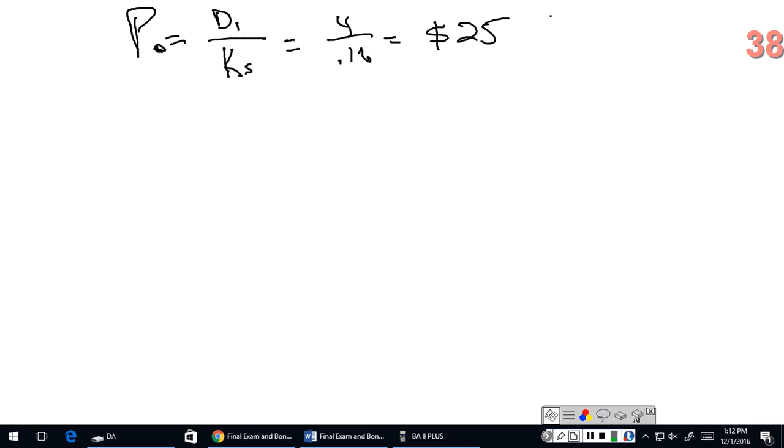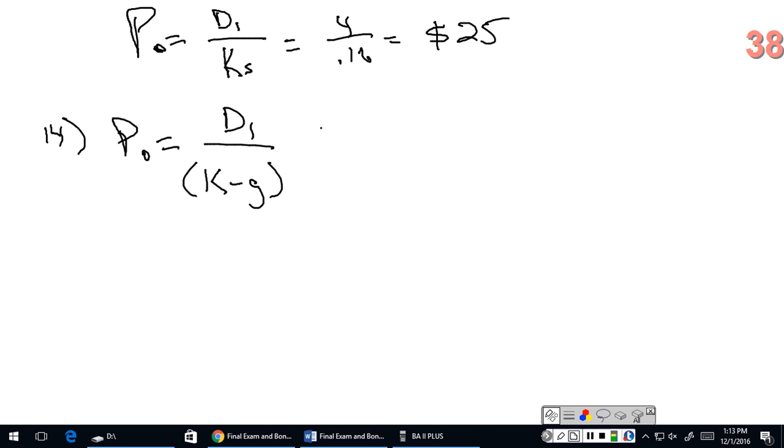All right, so for number 14, the constant growth formula is this: D1, the next dividend to be paid, divided by K, which is the required return, minus G, which is the constant growth rate. So we just fill out the information.